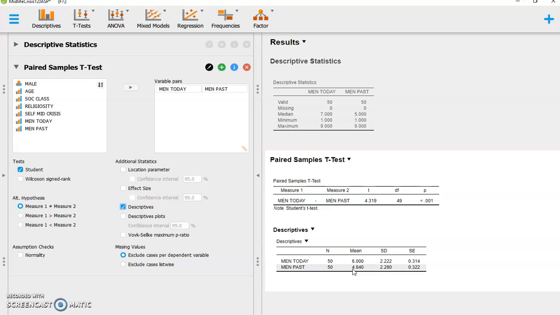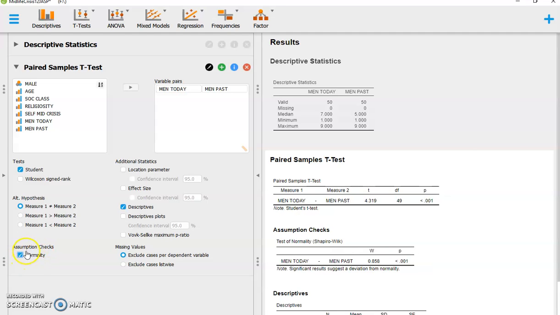But could we really say that we're justified in using this parametric t-test given we have ordinal data? Well, would these data actually be normally distributed? Let's find out. Let's do a Shapiro-Wilk test for normality.